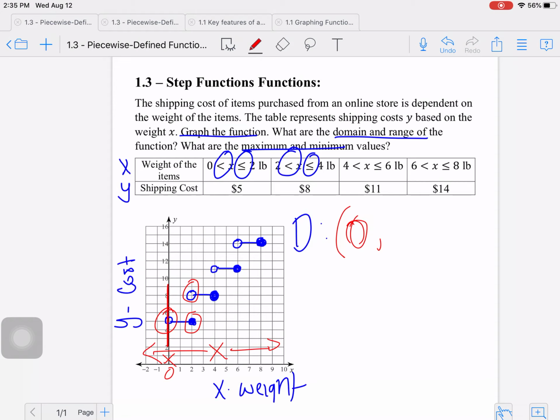So I don't stop there, I actually continue. Now at 4, there's also a closed circle and an open circle, and again the closed circle fills in the open circle and it becomes continuous, so I continue. At 6 it happens again, so then I continue, and then it stops at 8. So my domain is from 0 to 8, and 8 is included, which means that I have a bracket.